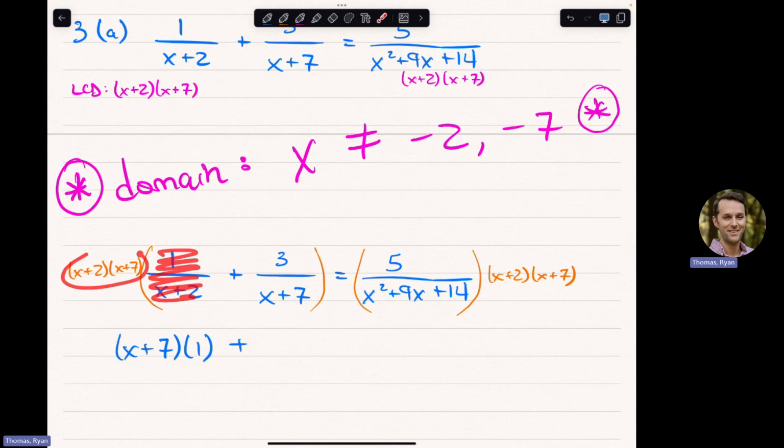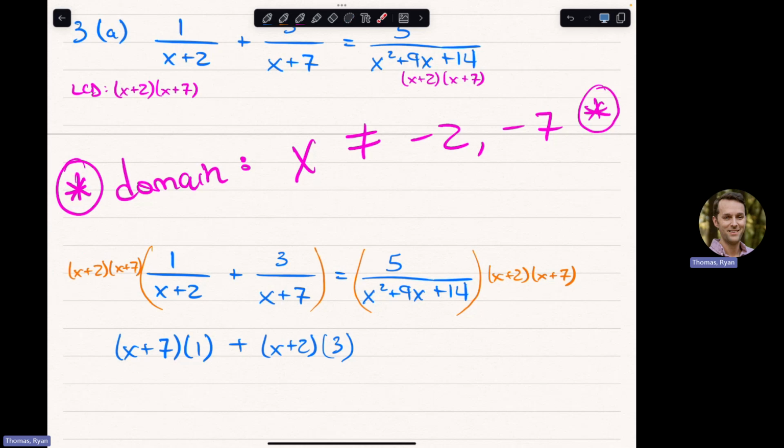Okay. Now this part, x plus 7 cancels. So we're left with 3 times x plus 2. Or x plus 2 times 3, I guess. Yeah, I did write the other one in the other order. It's multiplication, so it doesn't matter, but just so I'm being consistent.